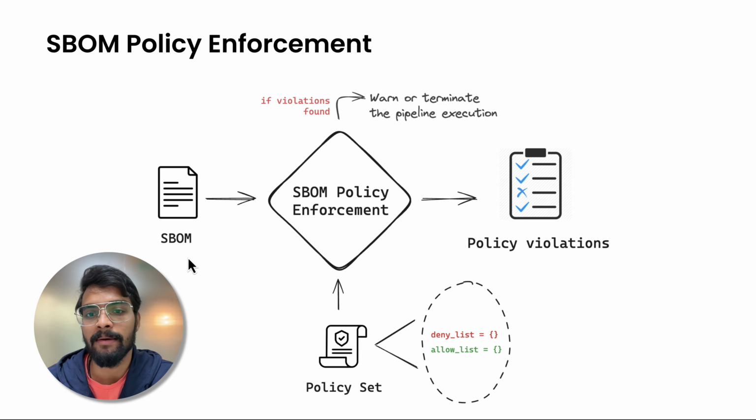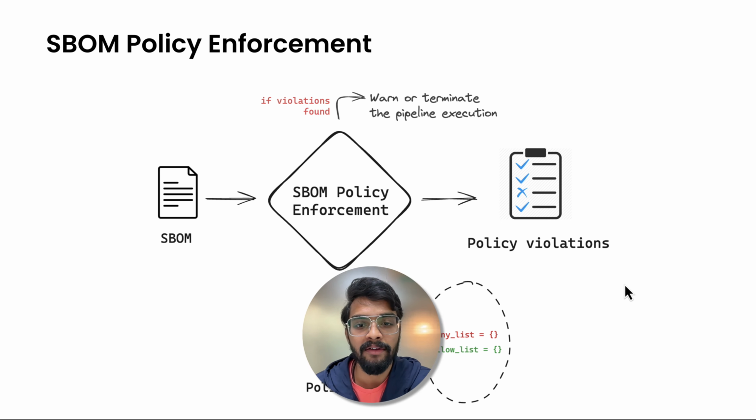Those rules in the policies are evaluated against each component in your software, and a detailed list of violations is generated. You can also configure whether you want to terminate the pipeline on violation or just give a warning and continue. So this is how the policy enforcement happens.